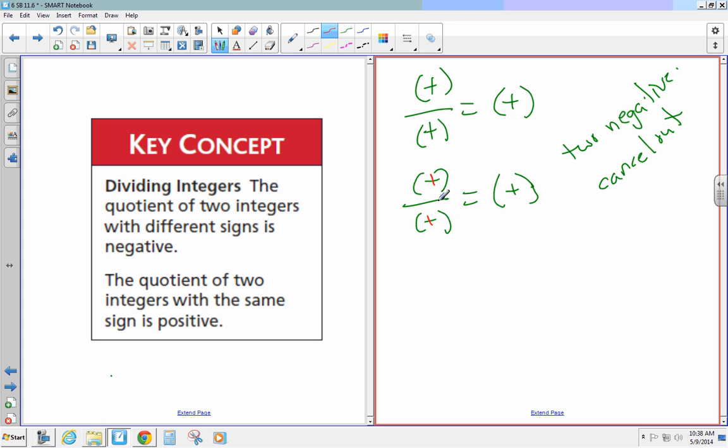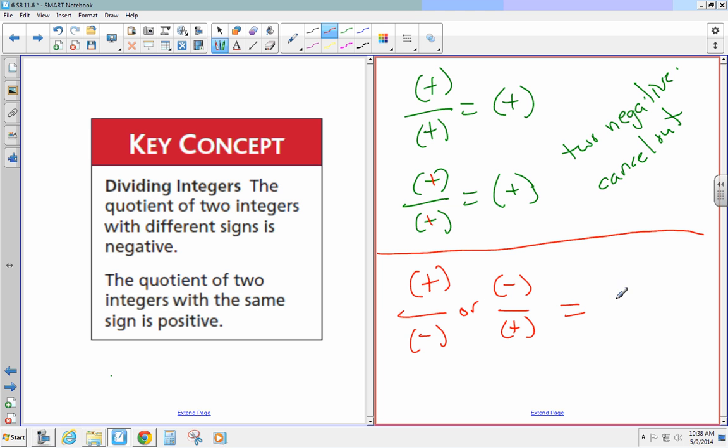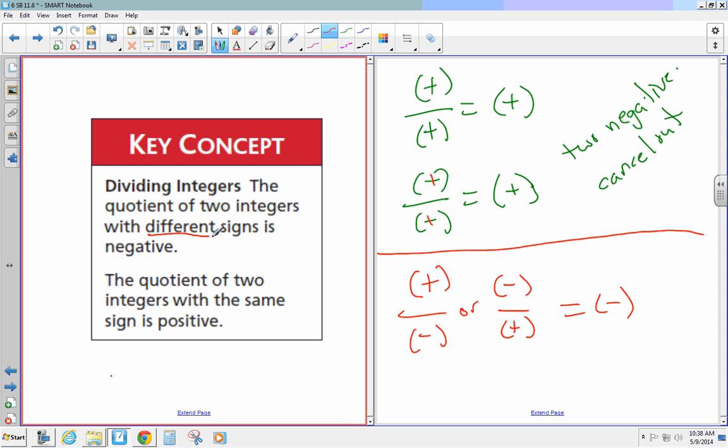That negative and that negative cancel each other out. But if you have a positive divided by a negative or a negative divided by a positive, the result will be a negative solution. So, different signs, it's negative. Same sign, positive.